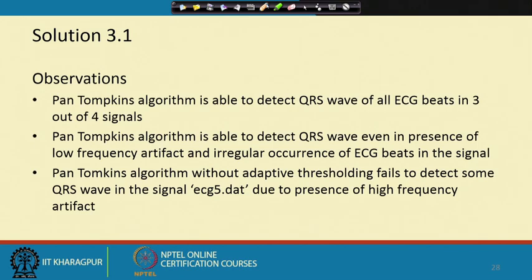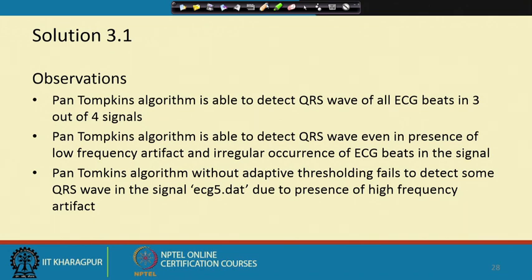Now, we would conclude with our observations. The Pan-Tompkins algorithm is able to detect all the QRS complexes in 3 out of 4 signals. The Pan-Tompkins algorithm is able to detect the QRS wave even in the presence of low frequency artifact and irregular occurrence of ECG beats in the signal.